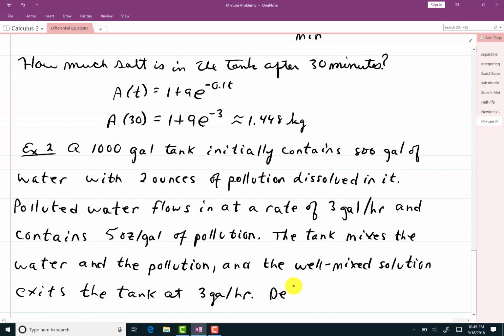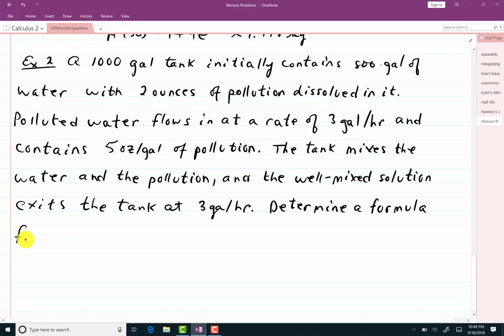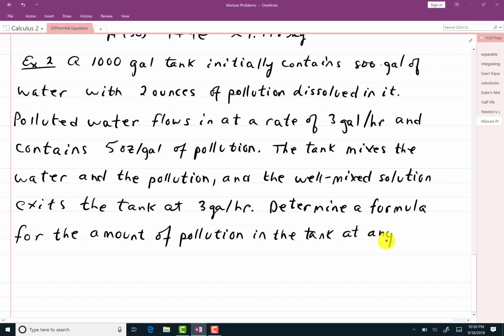Determine a formula for the amount of pollution in the tank at any time t.